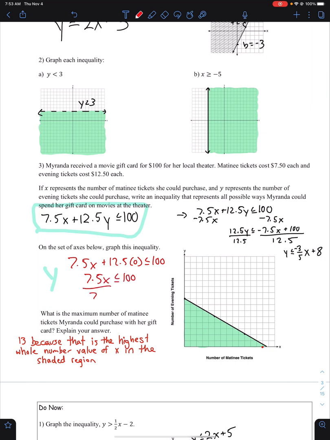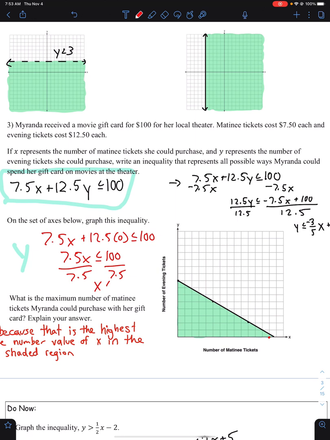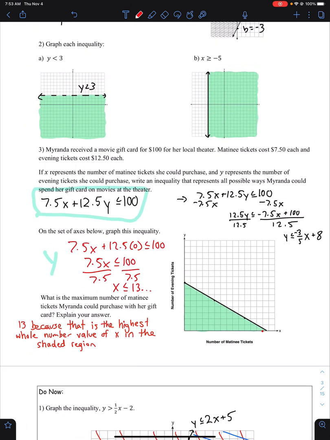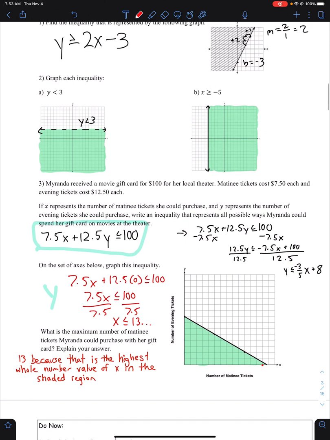You could divide by 7.5 on both sides, and you'd end up getting x is less than 13 point something. You can't get to 14 because it's less than or equal to 13. So the highest amount you can get is 13 matinee tickets.